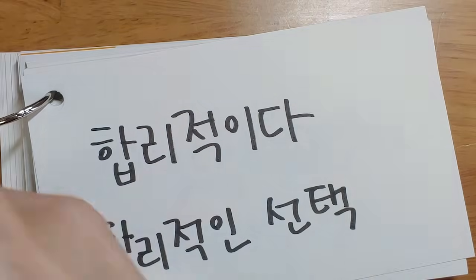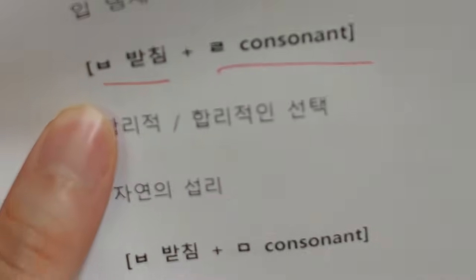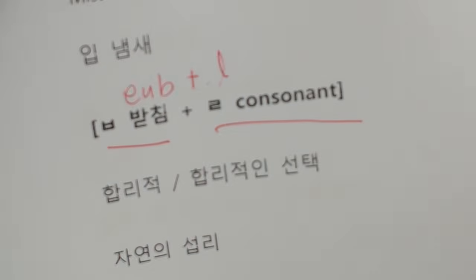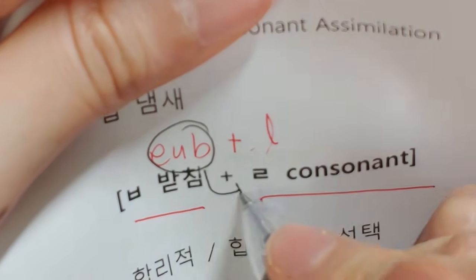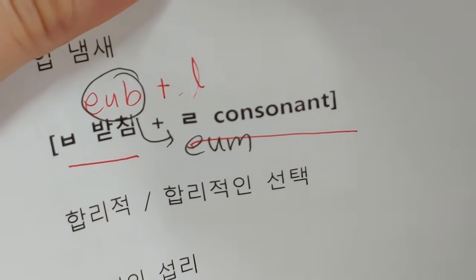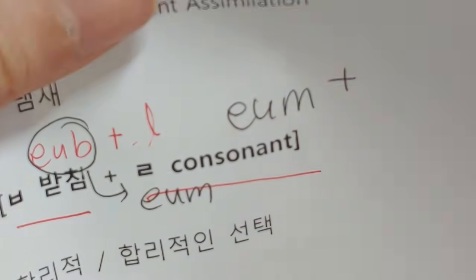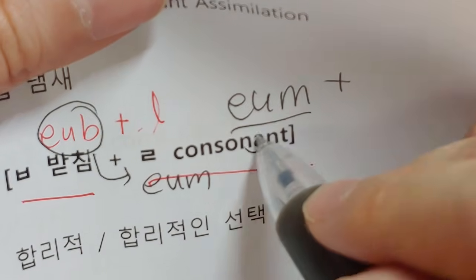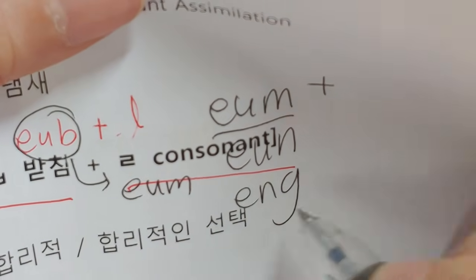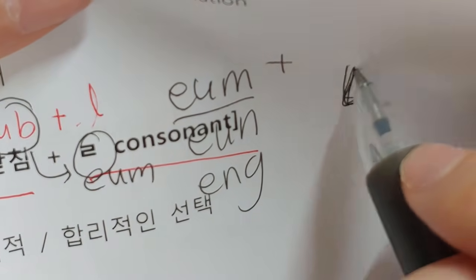And moving on to 비읍 받침 when it's combined with the 리을 consonant. So let's try pronouncing p with l. So you can see that this p softens to m, right? So it should be that, and then, like we learned, we Koreans find it difficult to pronounce that combination, so what we do is we replace the l sound with the n sound.